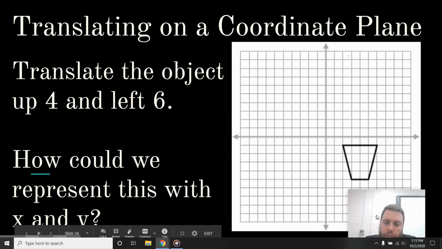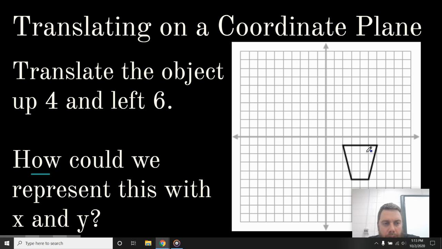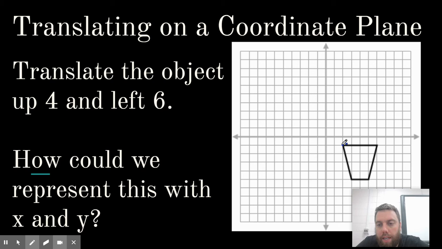So translating on a coordinate plane, we have a shape right here, and we're told to translate the object up 4 and left 6. So I'm going to take every one of the 4 points, and I'm going to translate them up 4, 1, 2, 3, 4, and left 6, 1, 2, 3, 4, 5, 6.